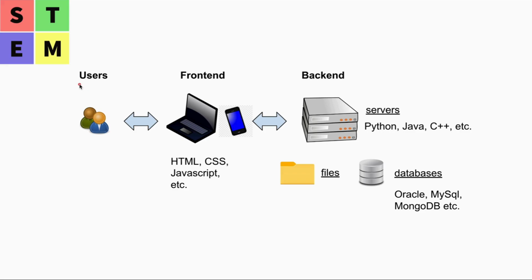On the left side, we have users. They could be students, professors, accountants, or any type of users. They use laptops, computers, cell phones, Android, Apple, or pads, which we call the front end.